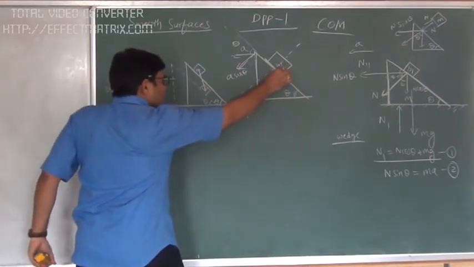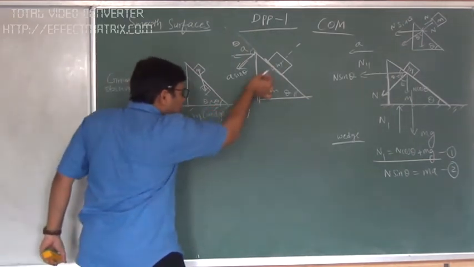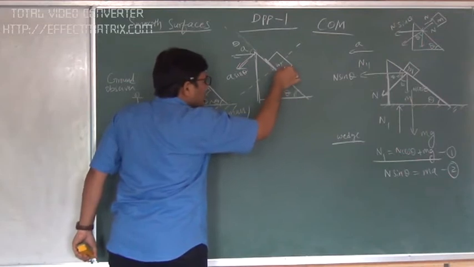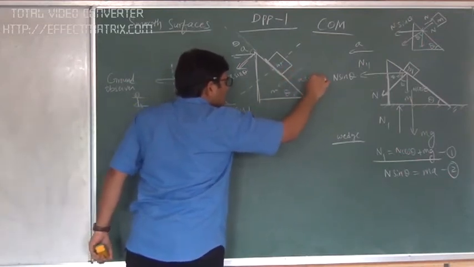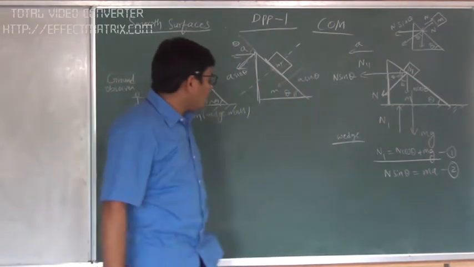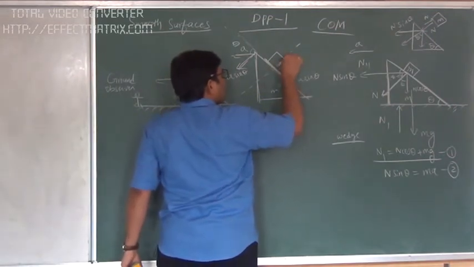So the ground observer, what does he feel about small m? Its acceleration along this direction is A sin theta. This is from which observation? Ground observation. Now what are the forces on m?